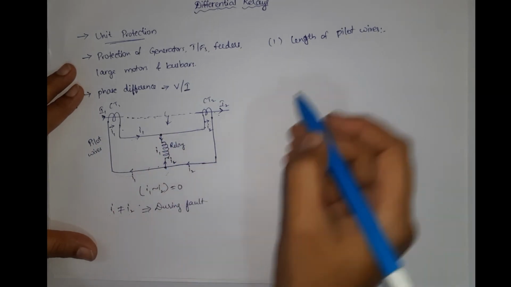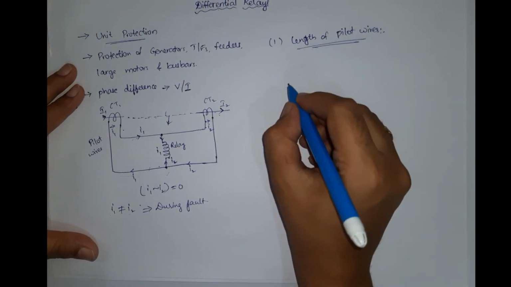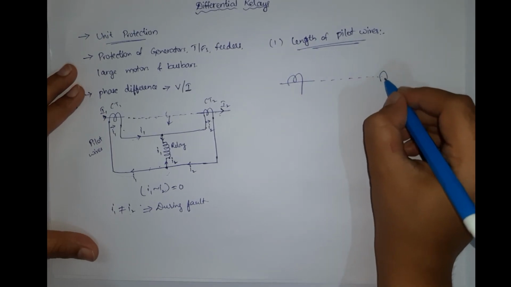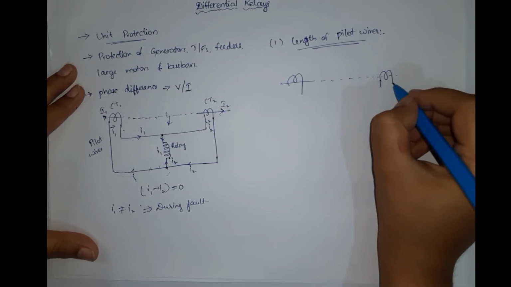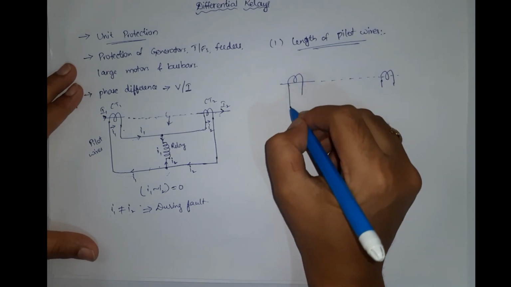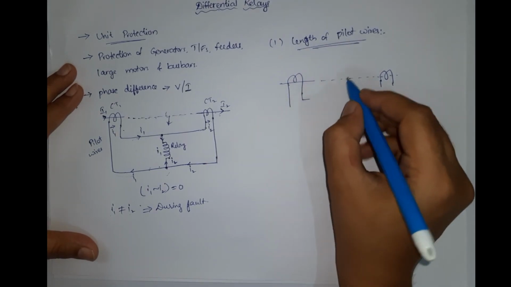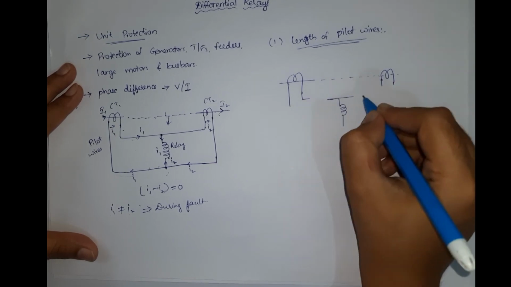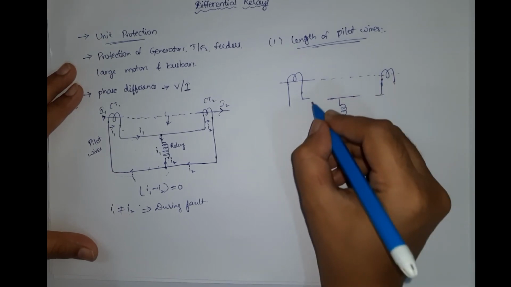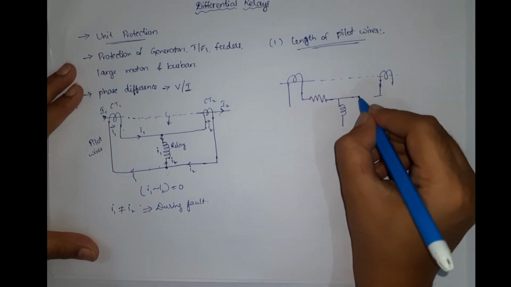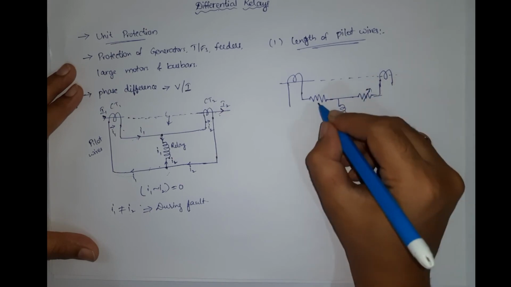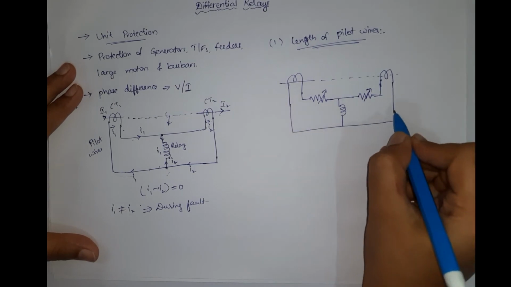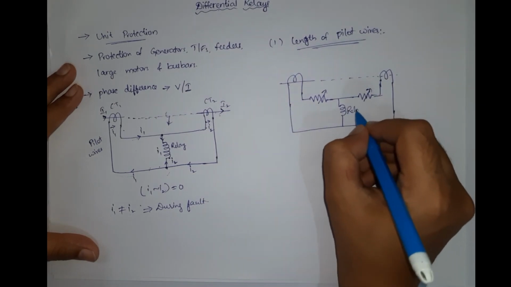So to overcome this, what we will do? Our aim is to have equal resistance on both sides, right? So to achieve that, we will take adjustable resistors on both sides of the relay.